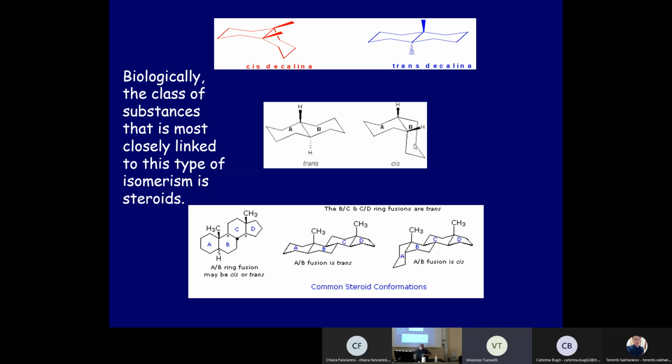So you can understand that when the trans isomer interacts with the target, it has a different interaction in comparison with that of the cis isomer.